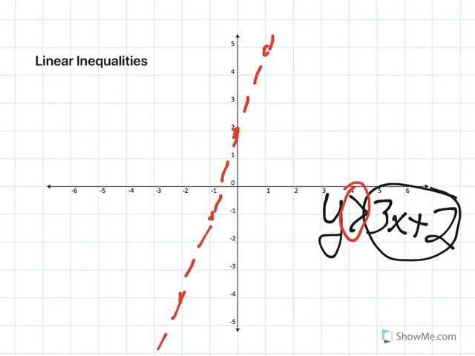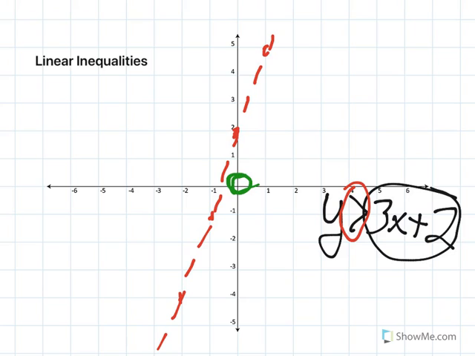Now, the next thing to do is find out what does satisfy this inequality, the right side or the left side. So what I do is I just pick a point, usually the origin, because that just makes it easy. The origin, 0, 0, right there. Does that satisfy the inequality if I plug those in?